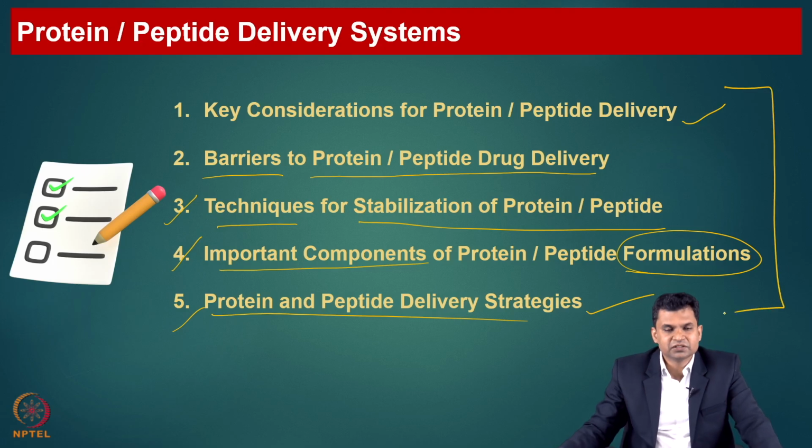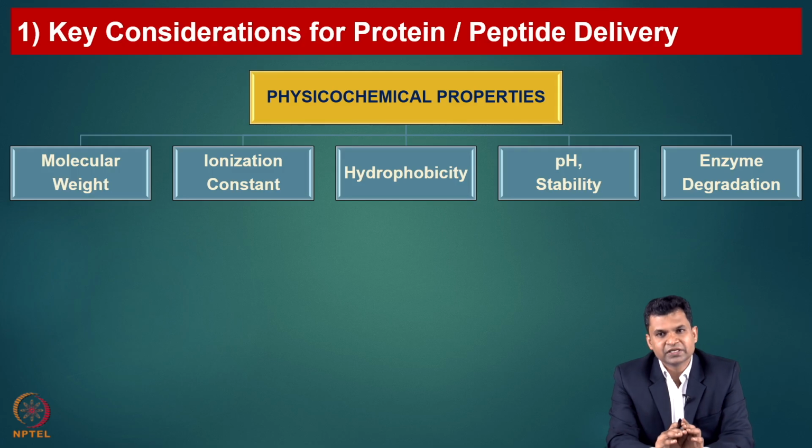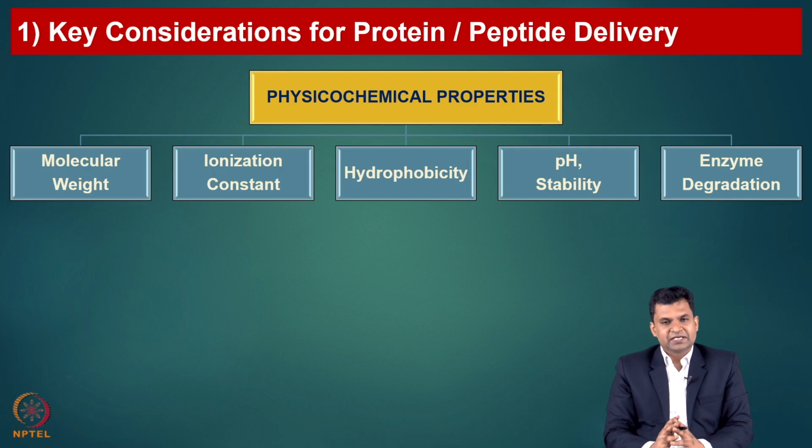So, first we will start with the key considerations for protein peptide delivery systems. In our previous lectures also, for any type of formulation, we need to understand the nature of the molecule.